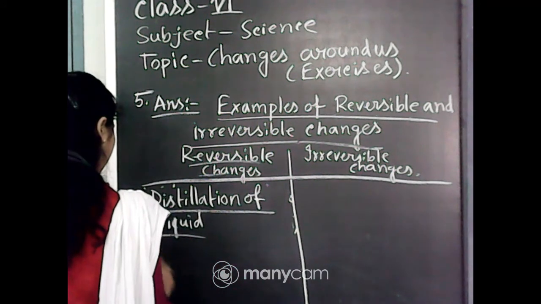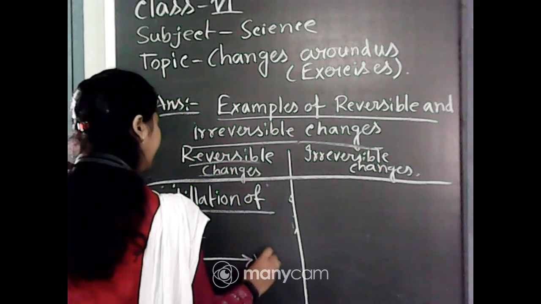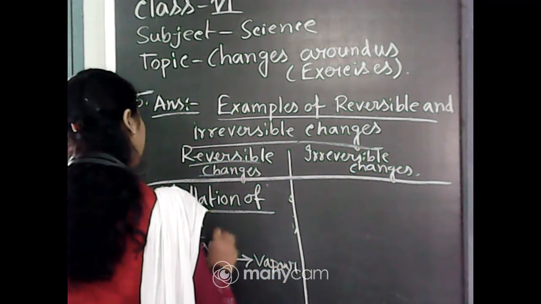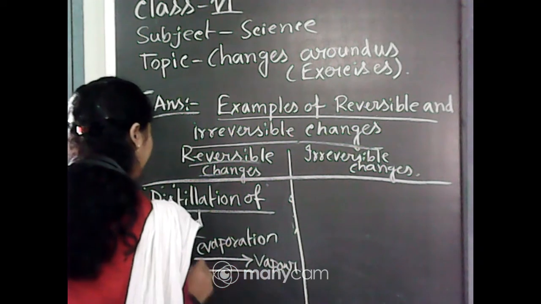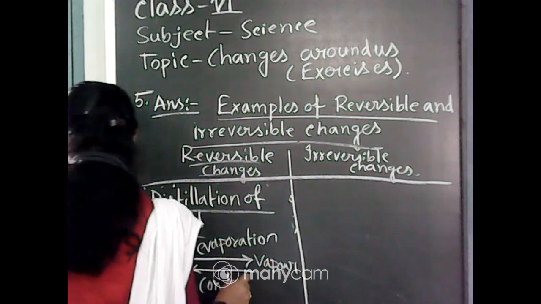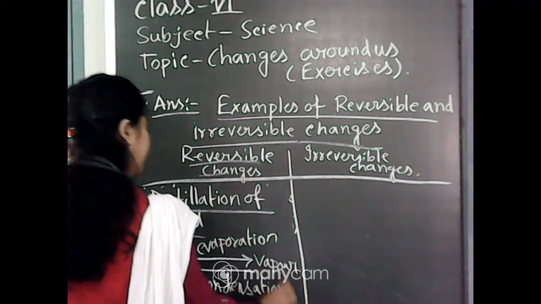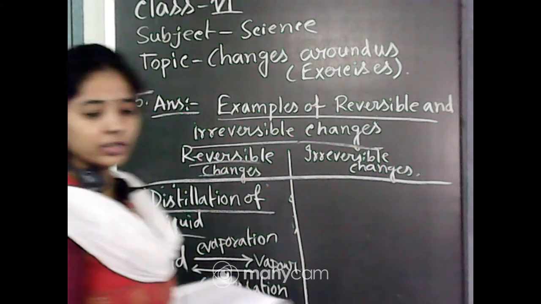First, liquid changes to vapor by the process of evaporation, and this vapor again comes back to liquid form by condensation. Okay. So this is also an example of reversible changes. Understood this point, students? I hope you understood.